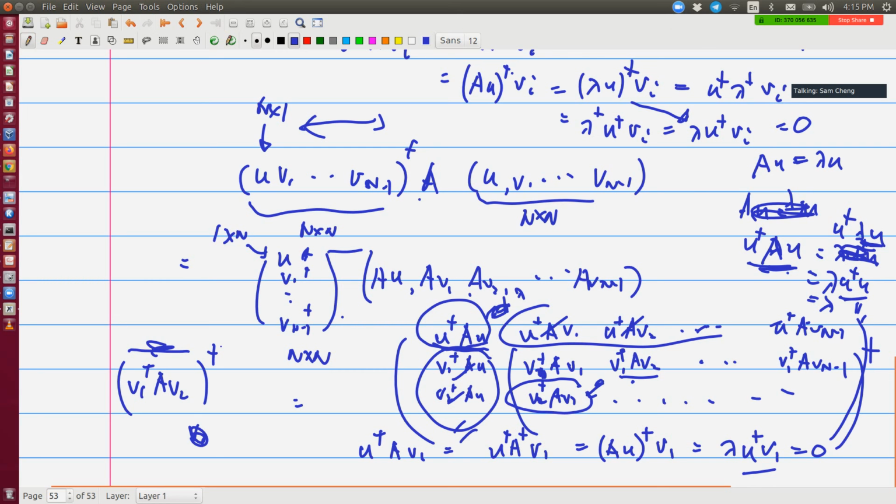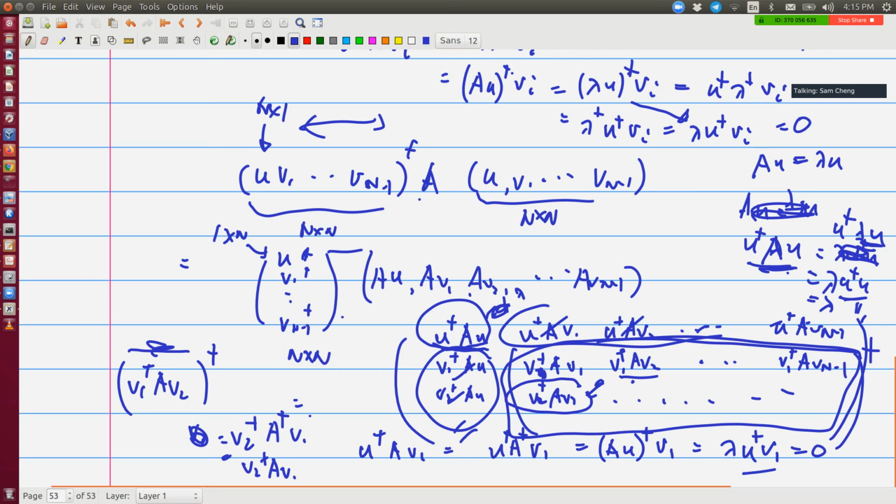Because the Hermitian of this guy is V2 Hermitian A Hermitian V1, right? And of course, A is Hermitian, so it is V2 Hermitian A V1. So therefore, it's just equal to this term here. So this matrix, this submatrix here, is Hermitian actually.